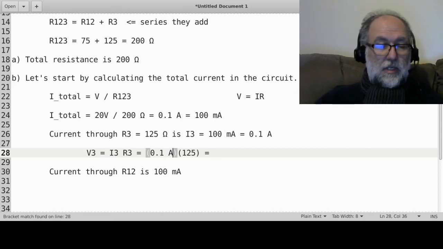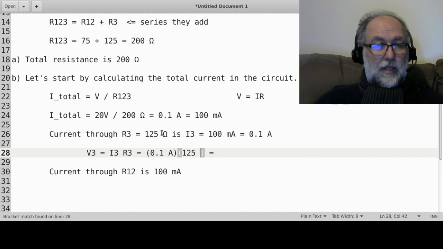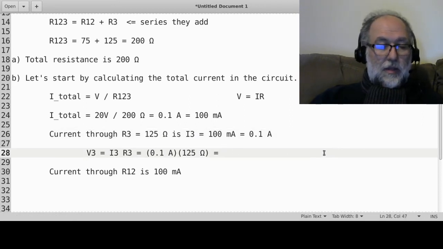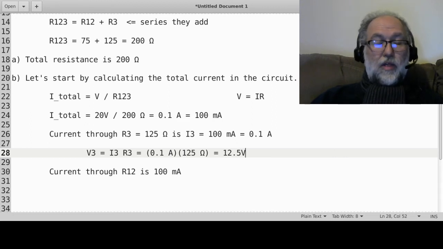I'll put the units in there just so you can see them. And this one is 125 ohms, and that's in MKS. Multiply them together, you're going to get 12.5 volts. Okay, so great. We know that the voltage drop across R3, V3, is going to be 12.5 volts, okay?